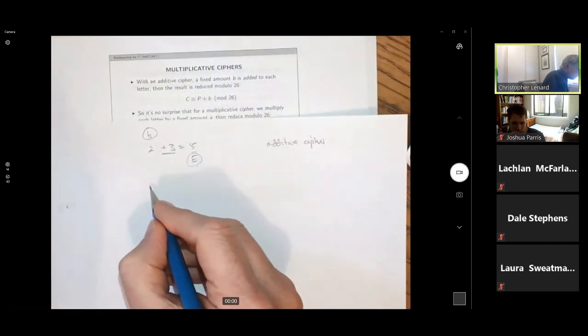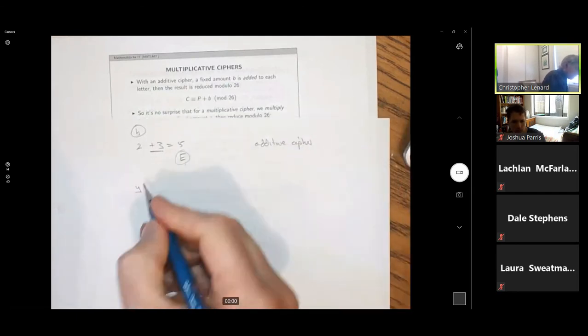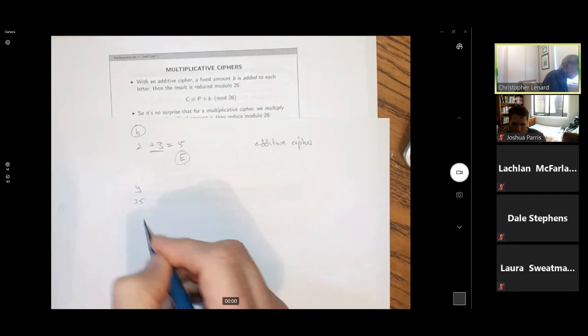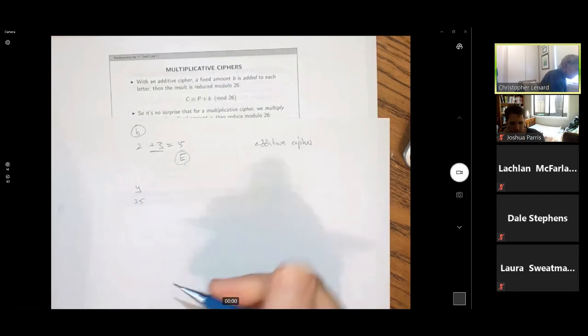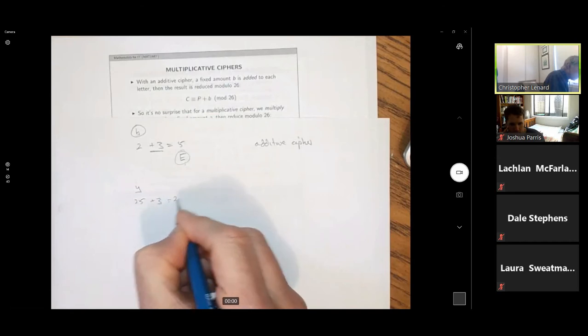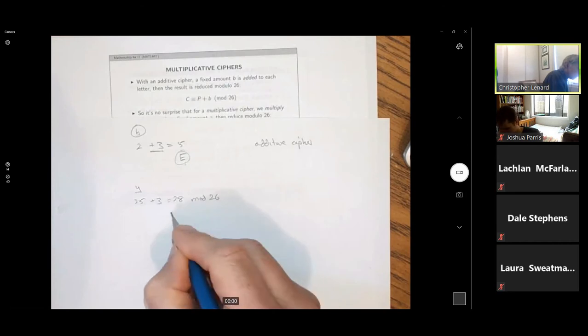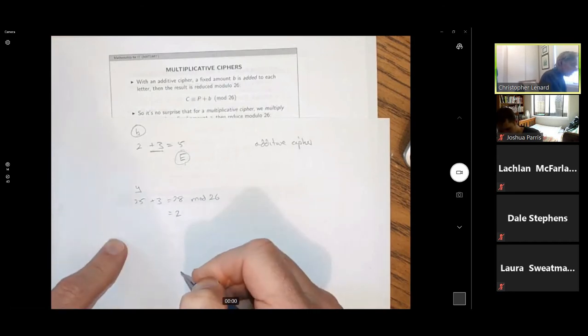So if we take Y, which is the 25th letter of the alphabet, X, Y, Z, yep. We add 3, we get 25, 26, 27, 28. But we have to reduce it mod 26. So that's actually 2.